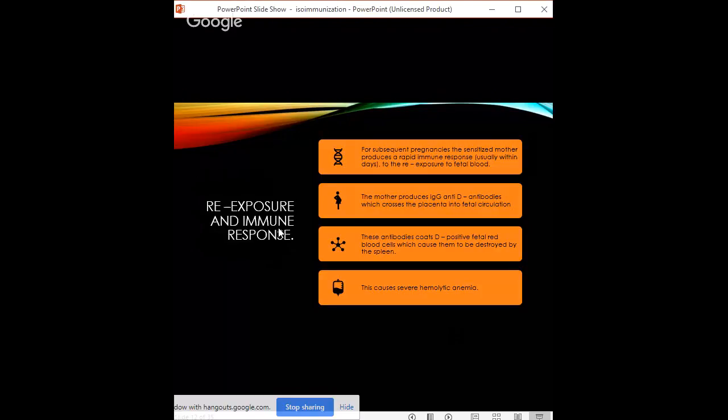So then we're going to talk about the re-exposure, which is the third step in the pathophysiology pathway we outlined previously. For re-exposure, in subsequent pregnancies, the sensitized mother produces a rapid immune response, usually within days, to the re-exposure of the rhesus positive fetal blood.